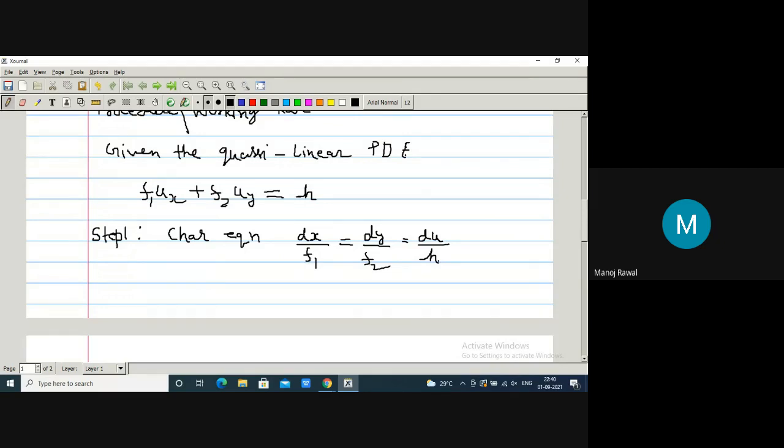So the following are going to be the characteristic equations. First you will write the characteristic equation. This is going to be our step number 1.